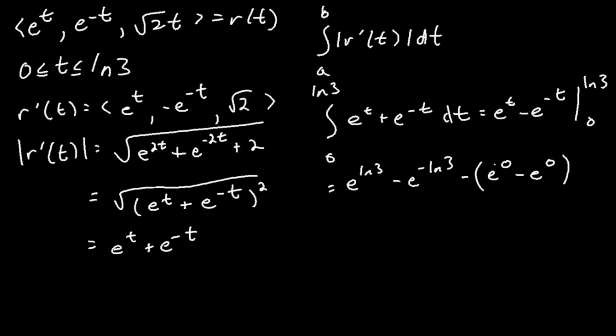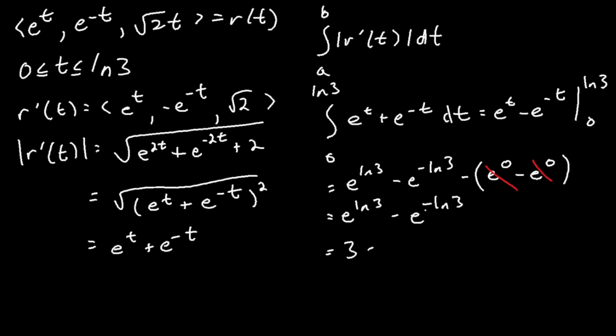That's just 1 minus 1, which cancels out to 0. So all that we're left with is e to the power of ln 3 minus e to the power of negative ln 3. What pre-calculus probably taught you is that ln's base is e, so e to the power of ln 3 gives you 3.